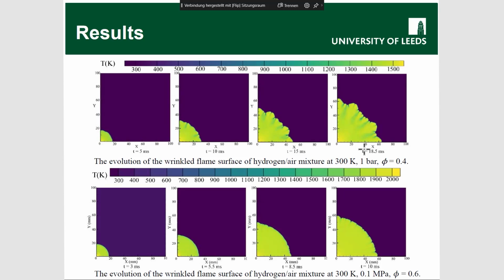For equivalence ratio 0.4, the effective Lewis number may be about 0.42, and for 0.6, it is about 0.63. So when we change the equivalence ratio, essentially we change the effective Lewis number, which means we change the competition between thermal diffusivity and mass diffusivity.